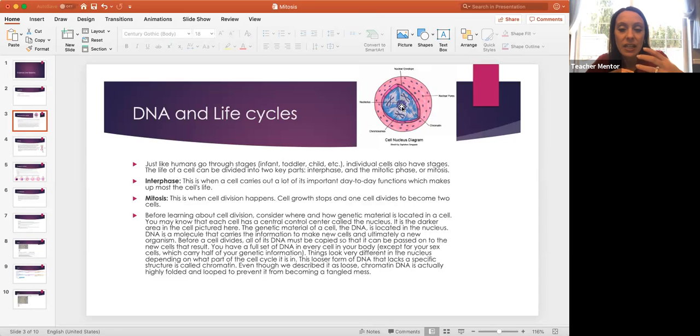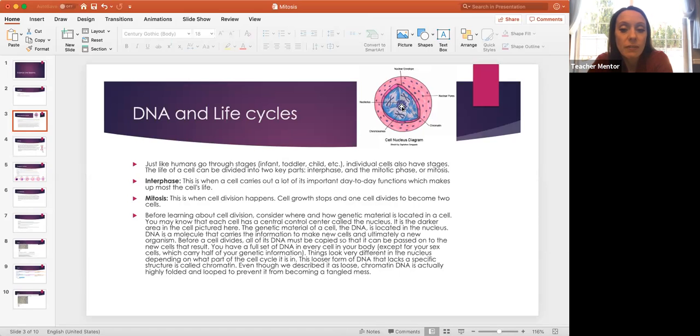This is the genetic material of cells, DNA, and it's located in that nucleus. DNA is a molecule that carries the information to make new cells and ultimately a new organism. It has the codes, the makeup of what it is, and tells it what to produce and what its function is. So before a cell divides, all of its DNA must be copied so that it can be passed on to a new cell that can result.